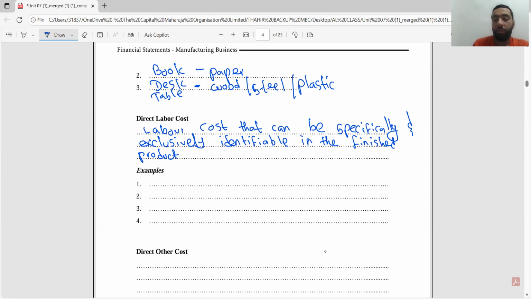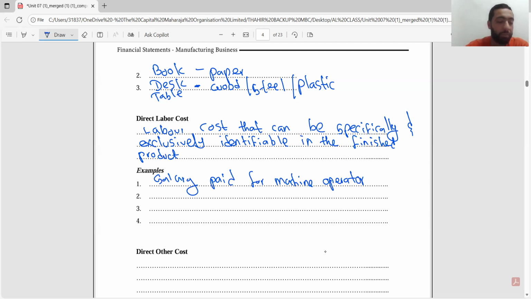Okay. So what is the example that you can get? For direct labor, salary paid for machine operator. That is a direct labor cost. Salary paid for machine operator in a garment.